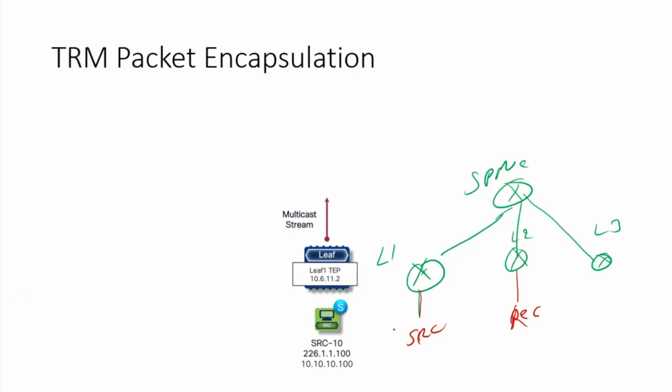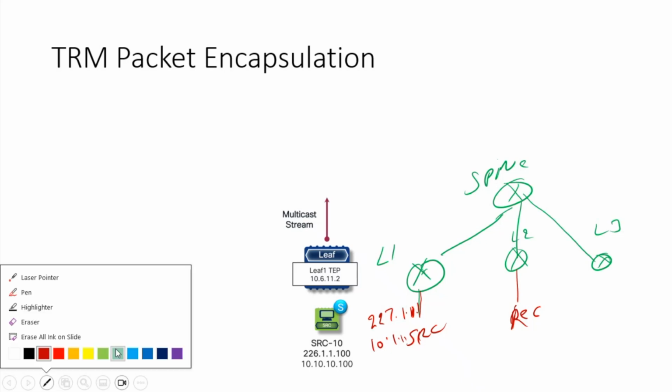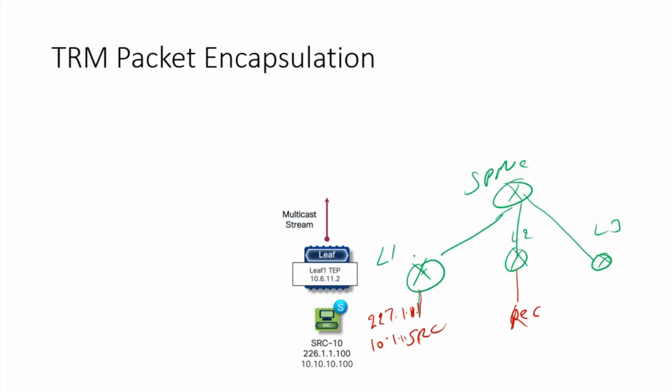Let's say this source is sending traffic from IP 10.1.1.1 to 227.1.1.1. And if I come back to my fabric, it's a VXLAN fabric.